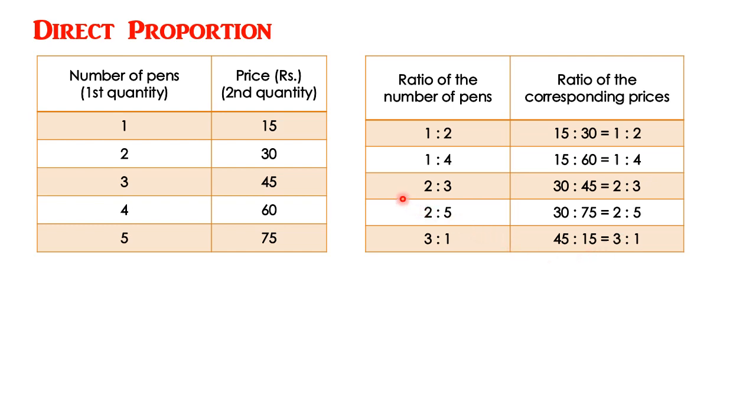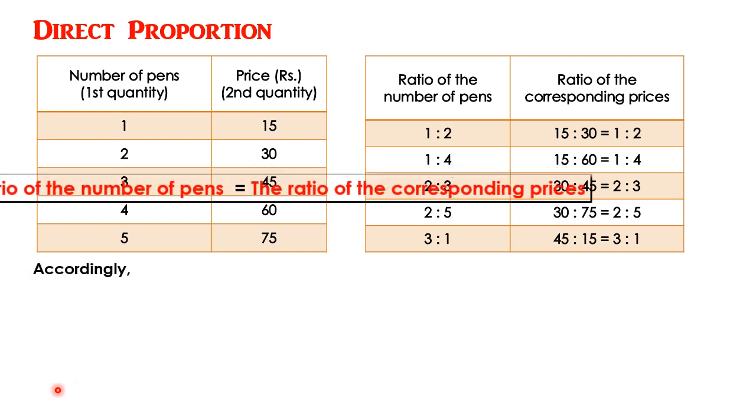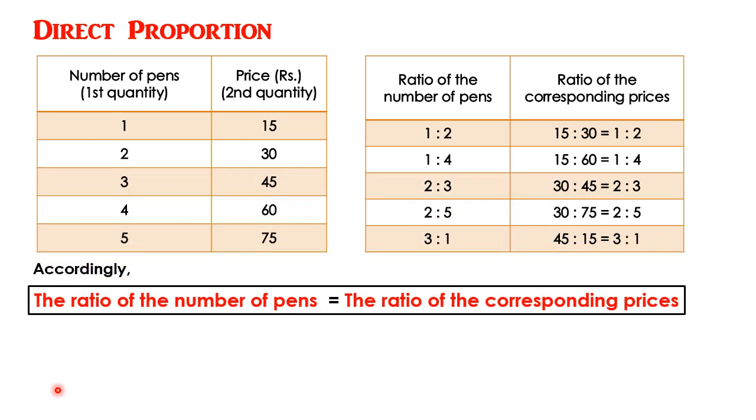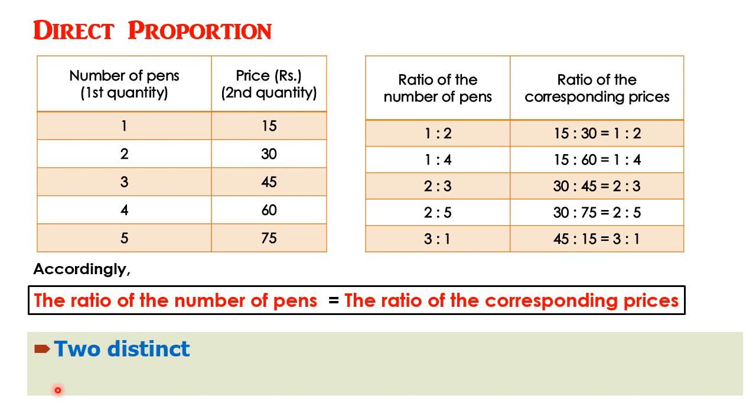So by observing the above table, it is very clear that the ratio of the number of pens is equal to the ratio of the corresponding prices. So, two distinct quantities are said to be direct proportions if they increase or decrease in the same ratio.